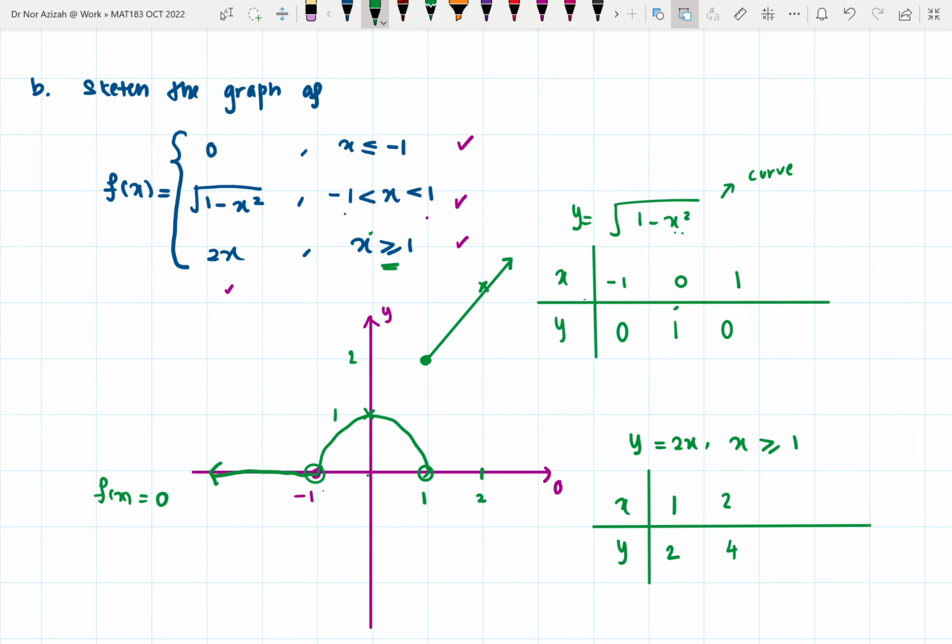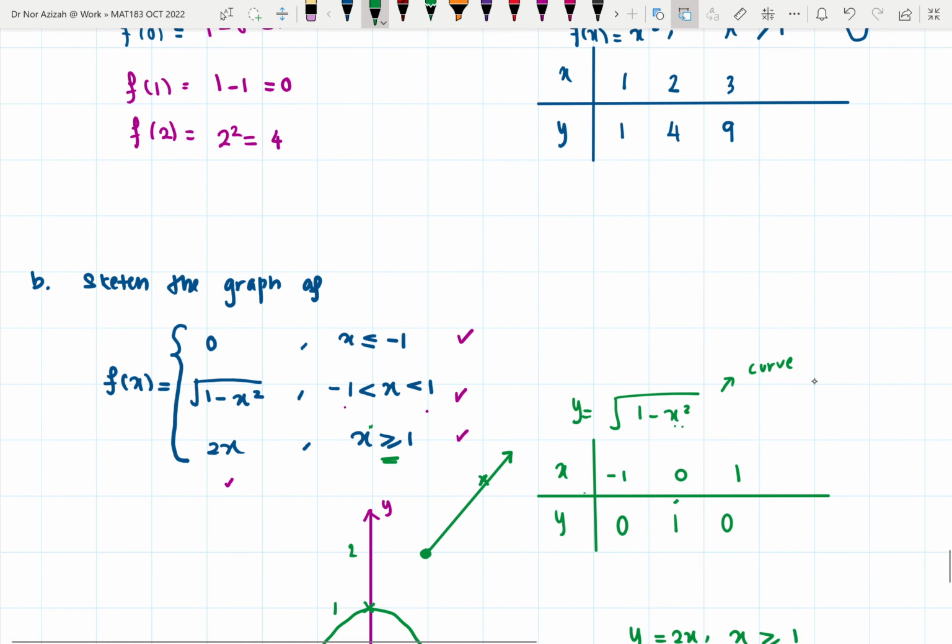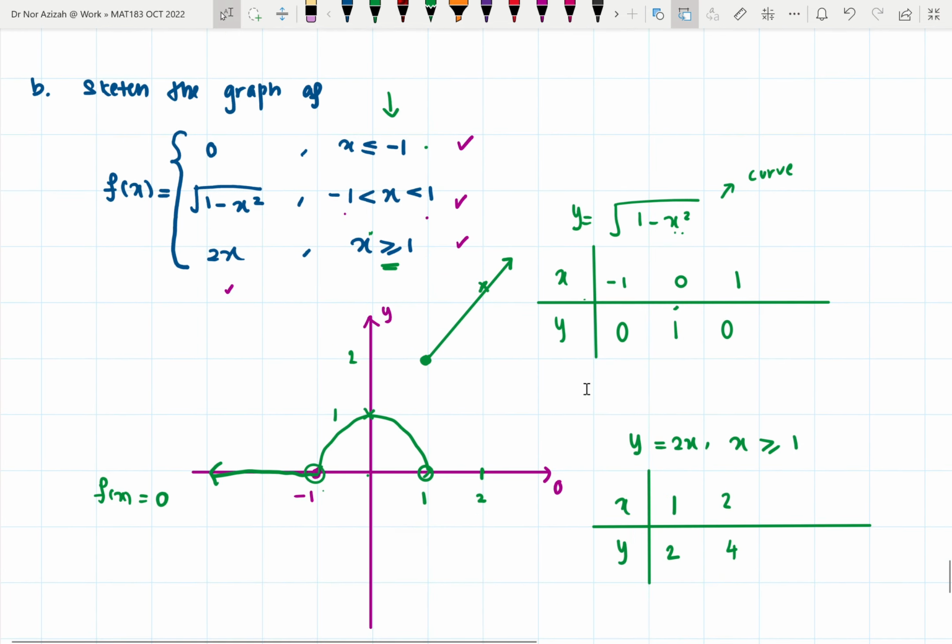Okay, and the domain. So actually the domain, you can refer to the value of x here. That's the domain. But it is different for each function. Okay, for the range here, you can consider the values of y here. Okay, f(x) equals 0, so the range of f is 0.